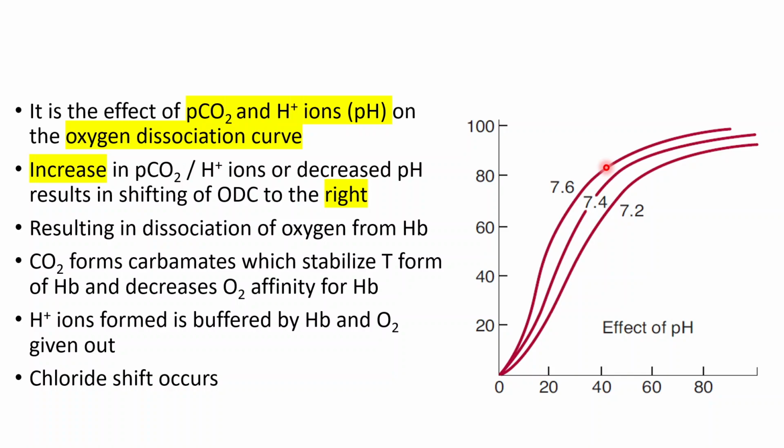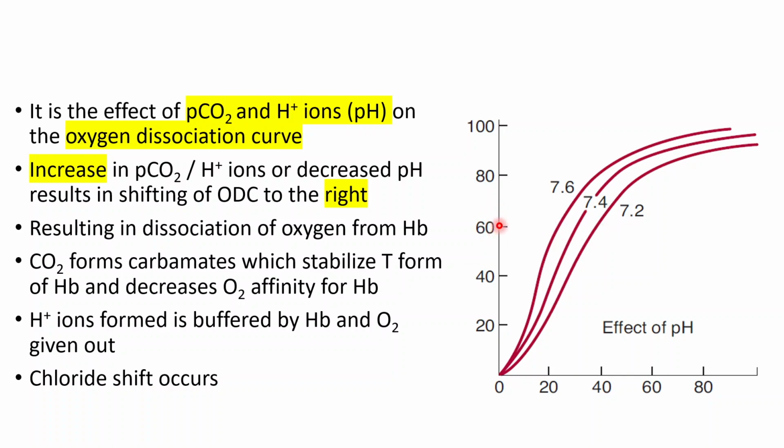Now when the pH decreases to 7.4, the saturation also decreases, and at roughly 7.2, the saturation is near about 60. So when the pH was 7.6, more hemoglobin was saturated with oxygen, and when the pH decreased to 7.2, less of hemoglobin is saturated with oxygen.